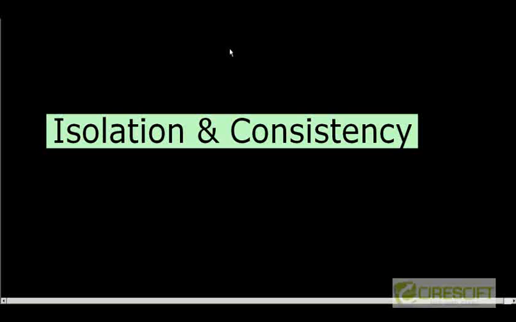In this tutorial, we are going to discuss the remaining two properties of transaction, which are isolation and consistency. In any RDBMS system, RDBMS supports four different types of isolation level.